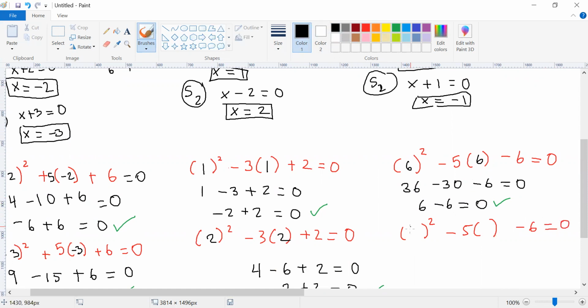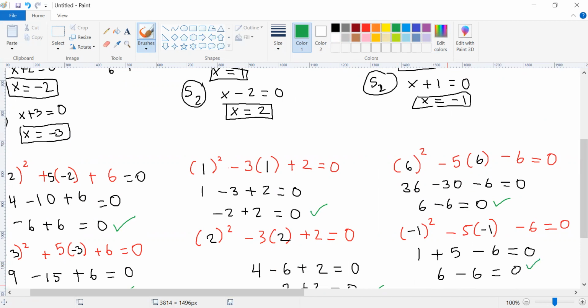So then what we're going to do is substitute negative 1, and we know that negative 1 squared is equal to 1, plus negative 5 times negative 1 is just equal to 5, and minus 6 is equal to 0. We know that's true because 6 minus 6 is equal to 0. Right, so perfect. Finally, let's check with graphing.